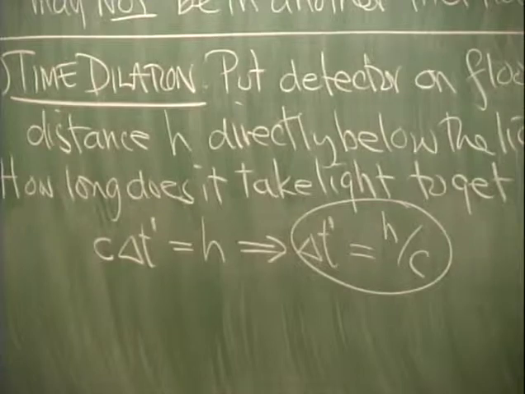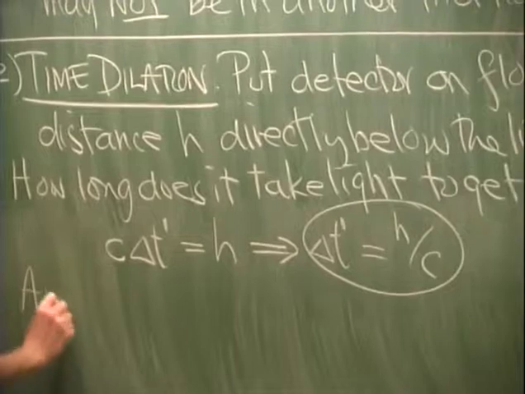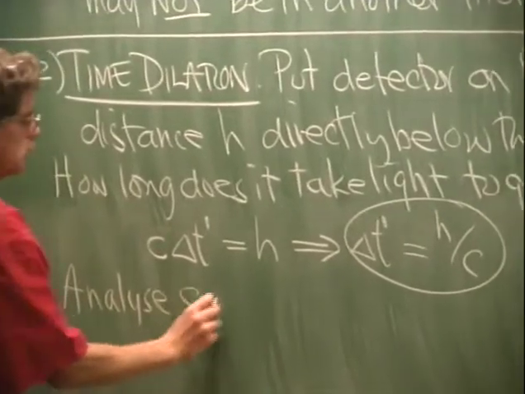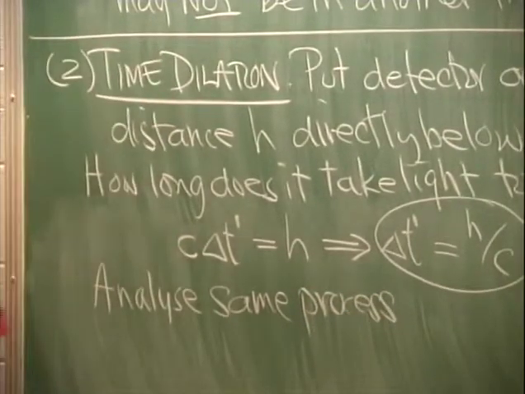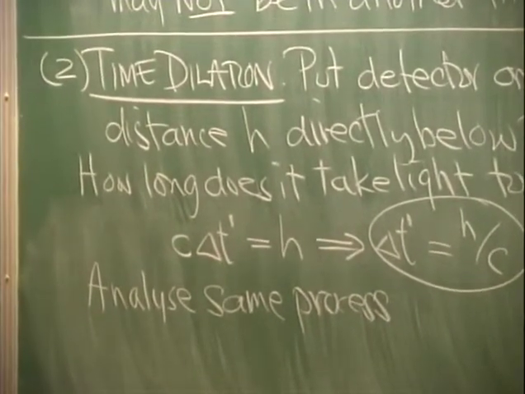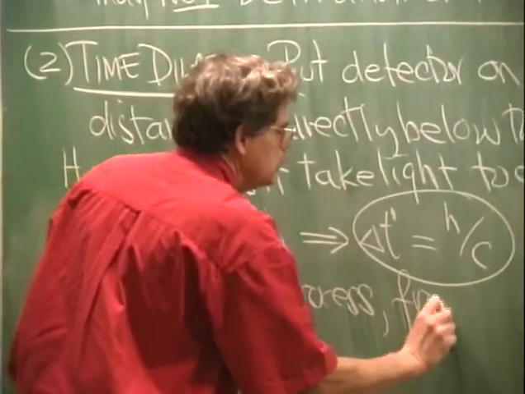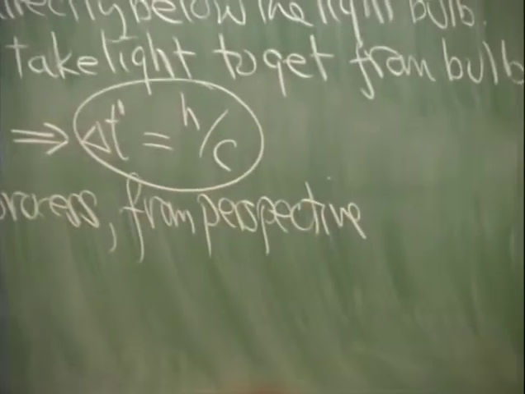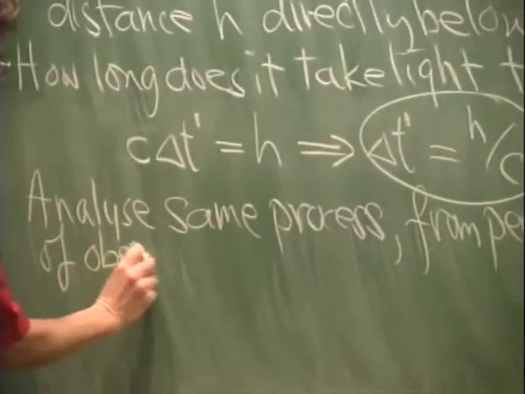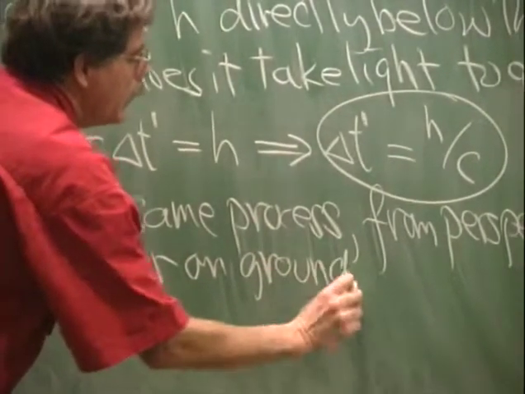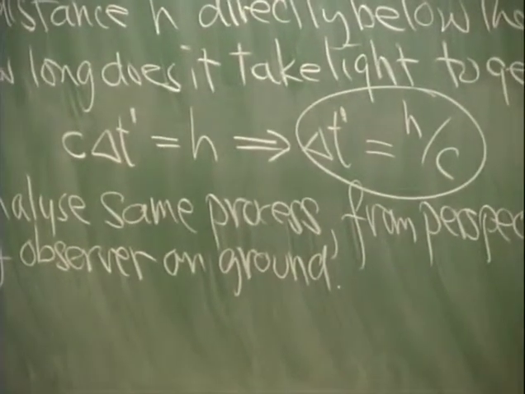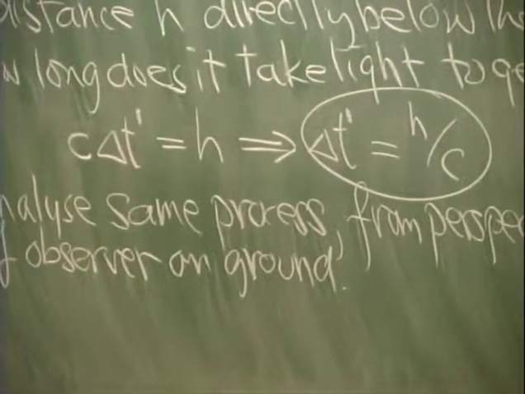So far, so good. That's the easy one. Now let's analyze the same process but from the point of view of an observer on the ground. This time I'll call it delta t, the time as measured by an observer on the ground.